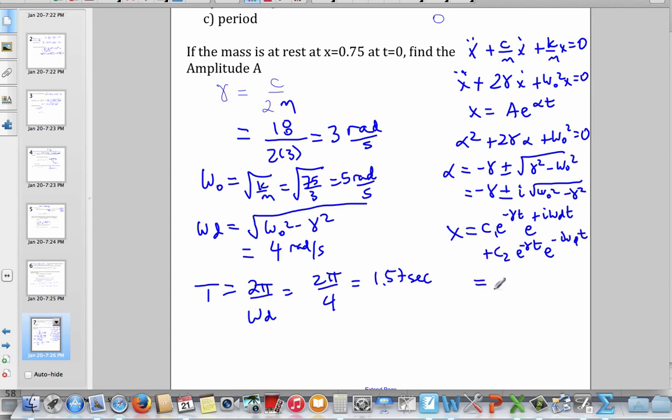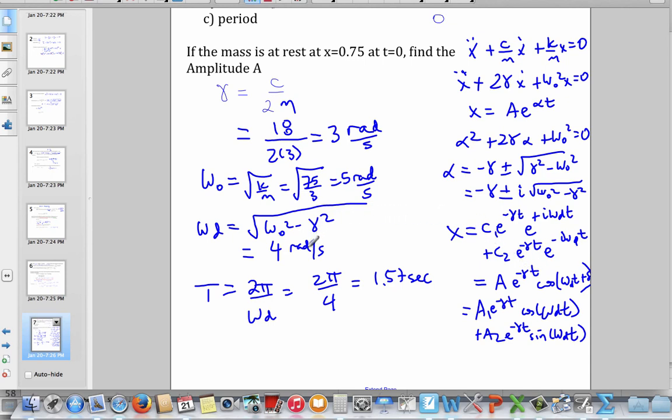Or we can write it as A e to the minus gamma t cosine of omega damped t plus delta. And there's one other form where you write it as a1 times this decaying exponential times cosine omega damped t plus a2 e to the minus gamma t times sine omega damped t. We could pick any of these three to describe the motion. I'm going to pick this one just because it's easiest.